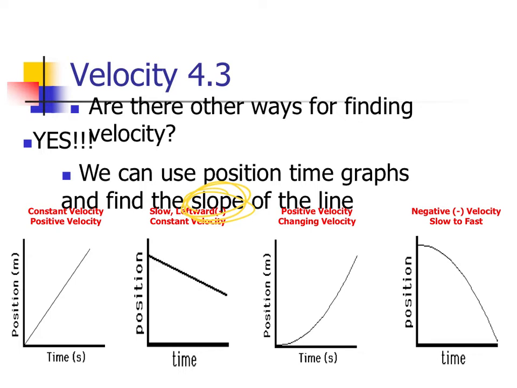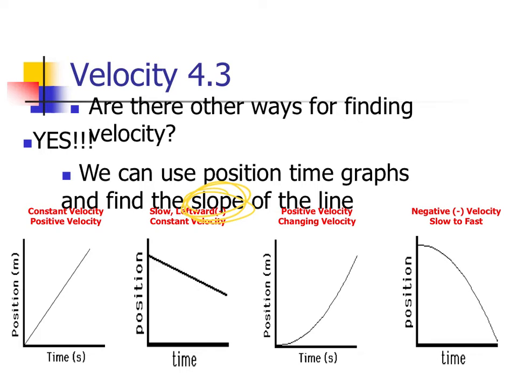Understanding the slope of that line means we need to pay attention to what is our y-axis and what is our x-axis. The majority of the time the time intervals would be on the x-axis.